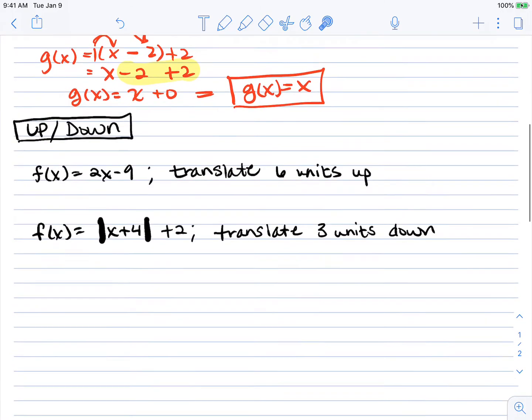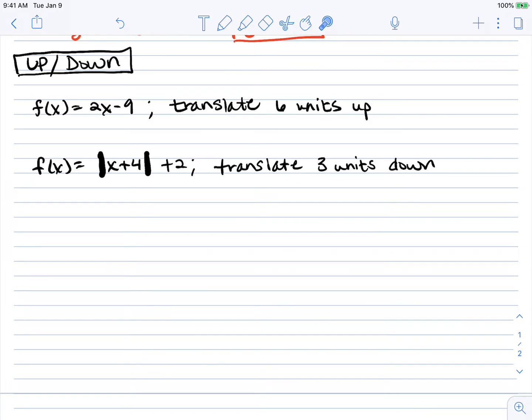Now I'm going to talk about up and down, and up and down is going to be outside of parentheses, so I'm going to write that down. This is outside of parentheses. Okay, or absolute value brackets, however the grouping symbol is written. And I'm going to talk about these two equations here.